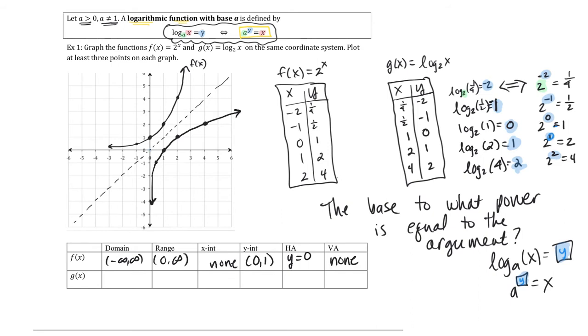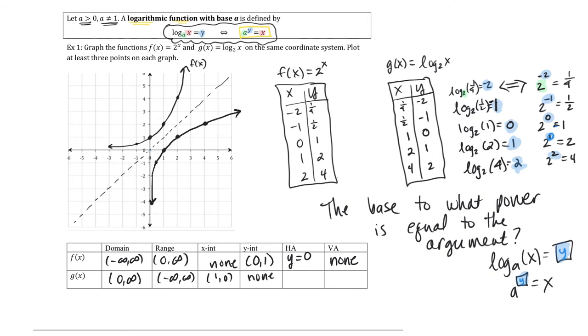But now for our inverse function, we've got a domain from 0 to infinity, and our range is all possible y values. Now we do have an x-intercept at (1, 0), but we do not have a y-intercept.